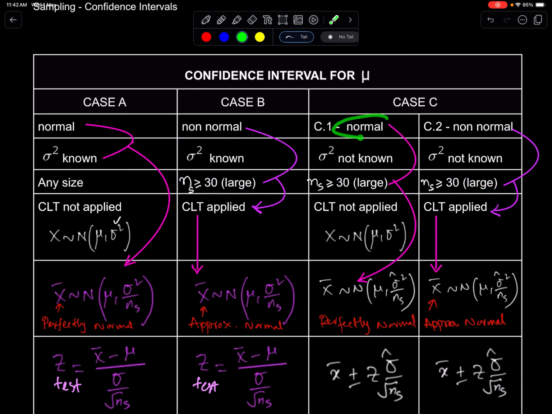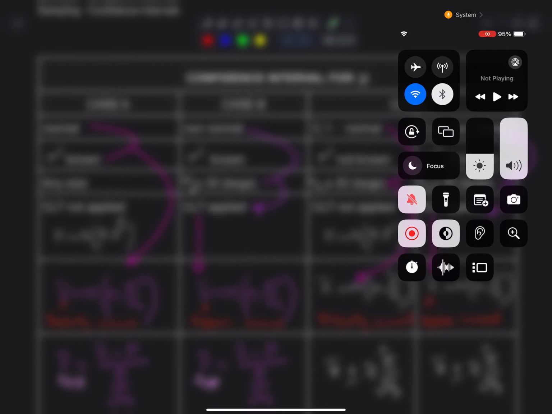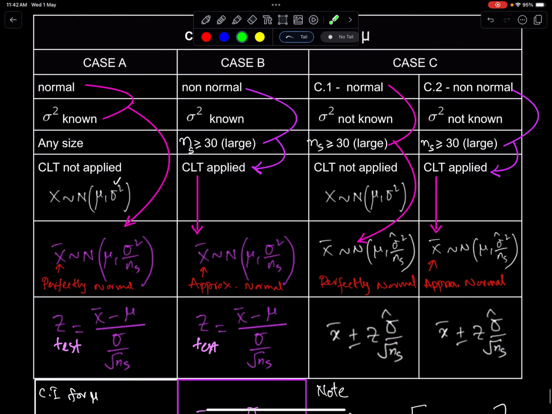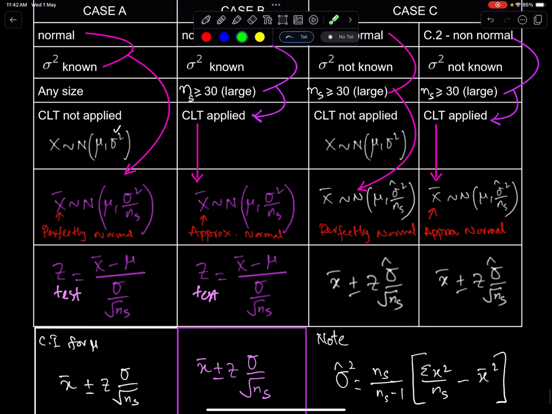If the population is normal, then never apply CLT, never. CLT is not for normal population, CLT is for non-normal populations. So this is the distribution of X bar. And these are the confidence intervals.